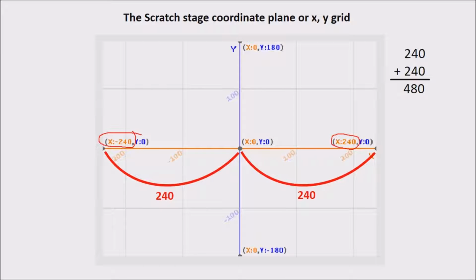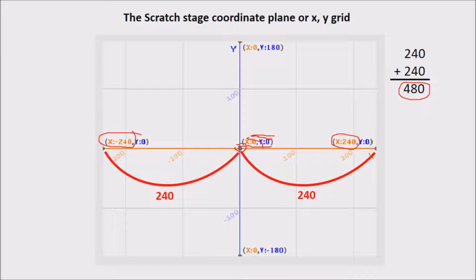So if you were going to move from the left hand of the screen to the right hand of the stage, you would move 240 and then another 240, which would be a total of 480 units or steps. And the center is 0, 0. That's the center of your stage.